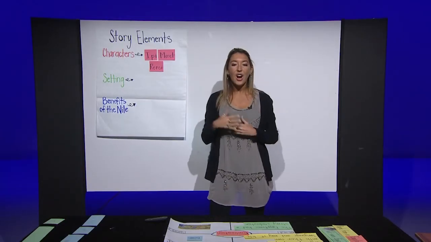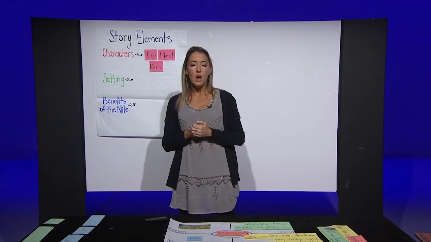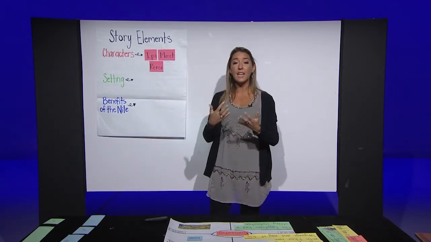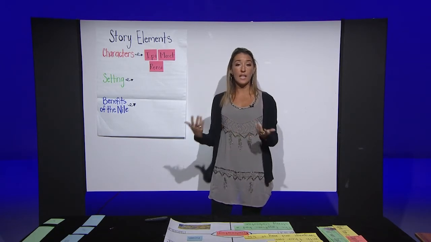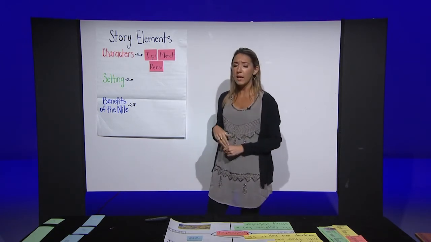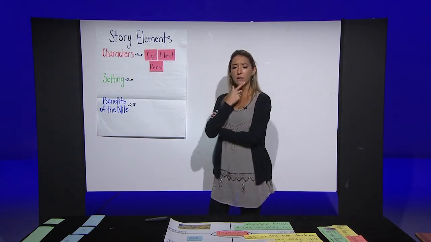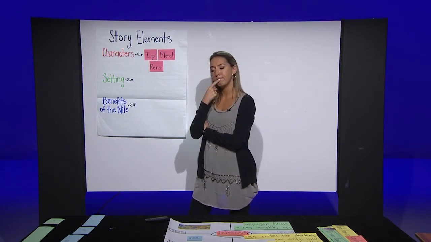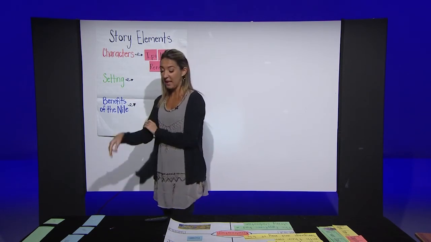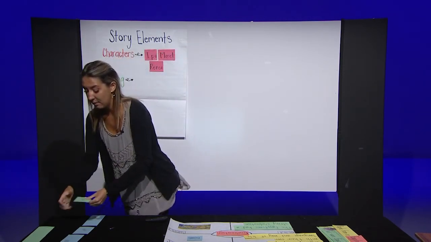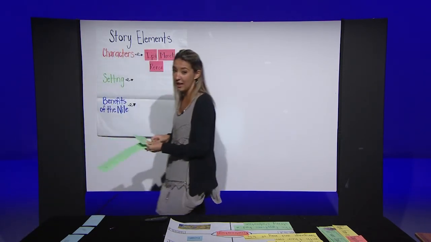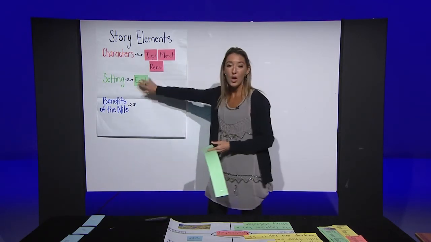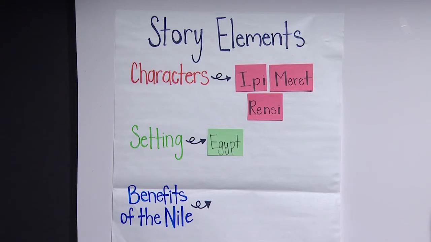All right, our next story element is our setting. That word setting means where and when our story takes place. I want you to think, where did our story take place? I have 2 different places. If you said Egypt, you're correct, because we're learning all about Egypt.